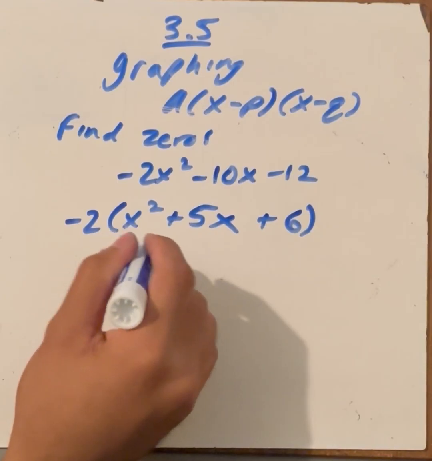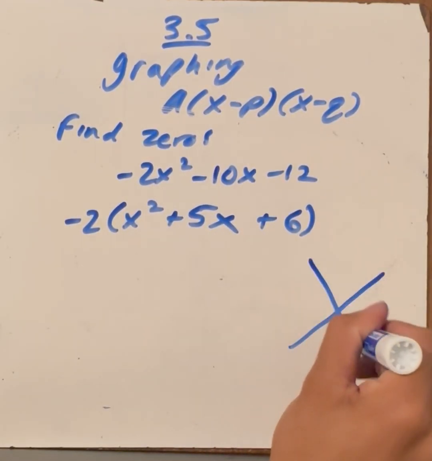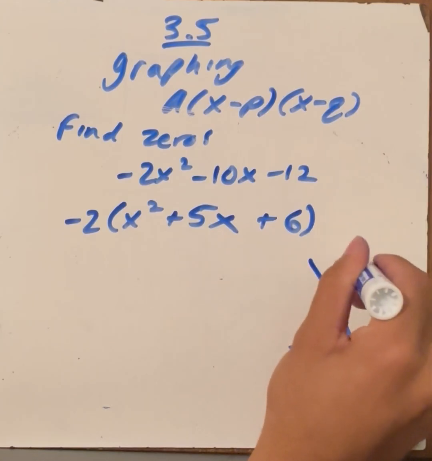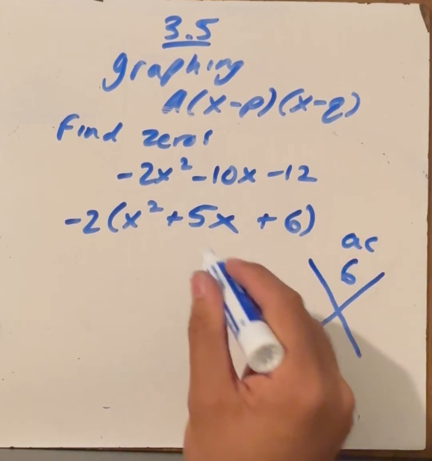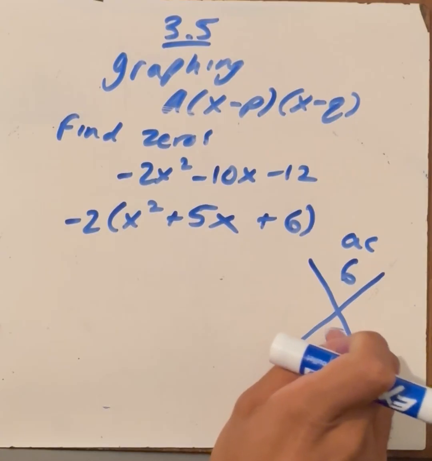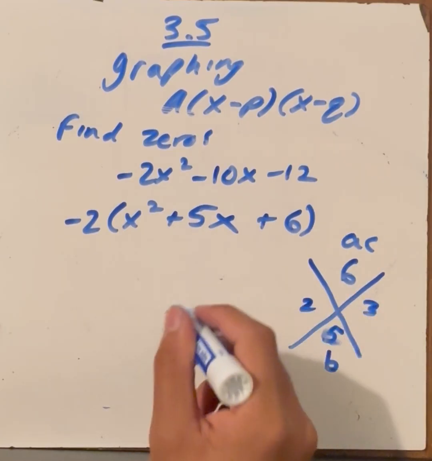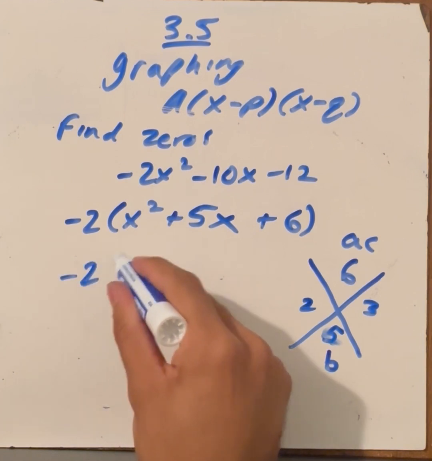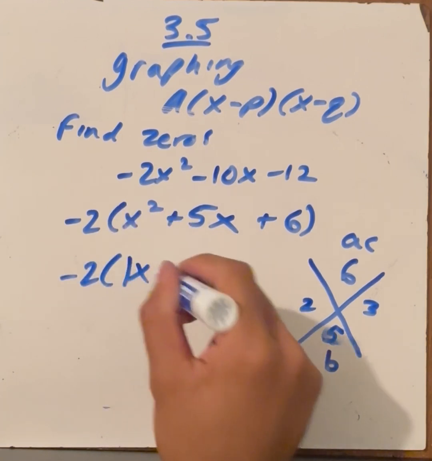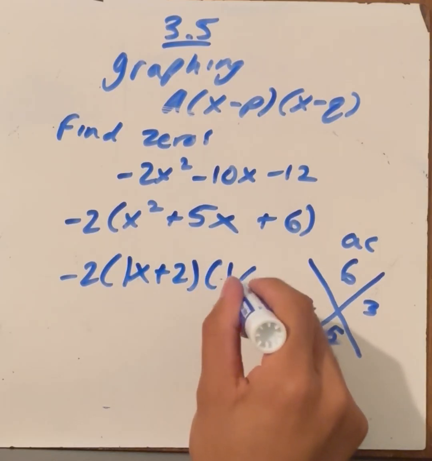Factoring this, we want two numbers that multiply to make a times c, which is 1 times 6, and add to make 5, which is 2 and 3. So plugging in, we put the 1x term in, so (1x plus 2) and (1x plus 3).